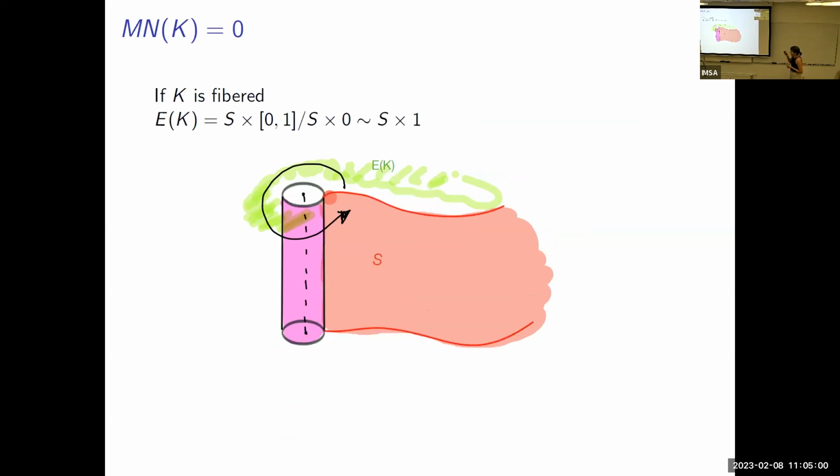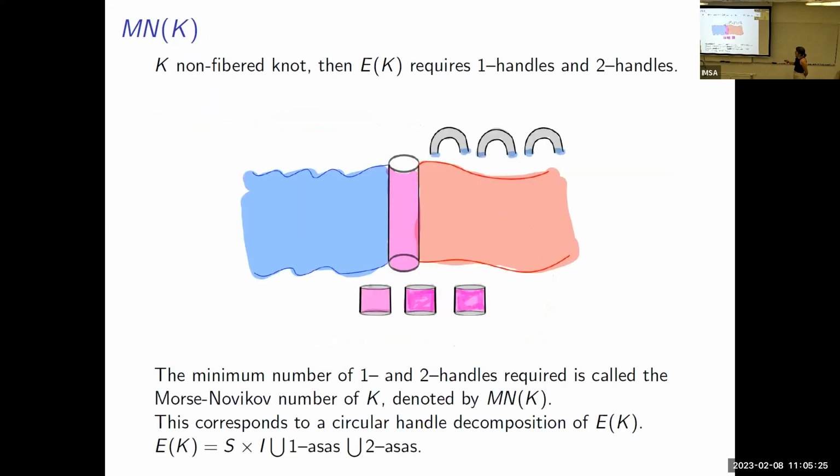So of course, if we have a fibered knot, we can do this using the fibration of the knot. In this case, we say that the Morse number is 0. For fibered knots, the Morse number is 0.